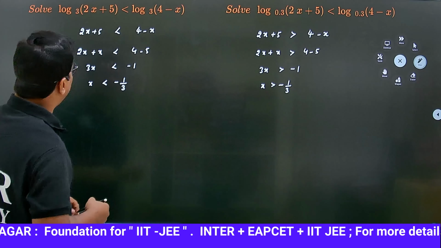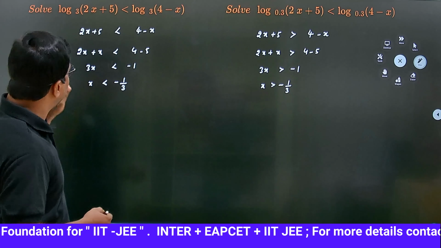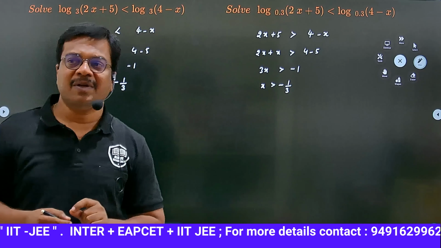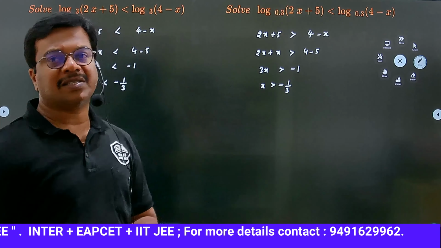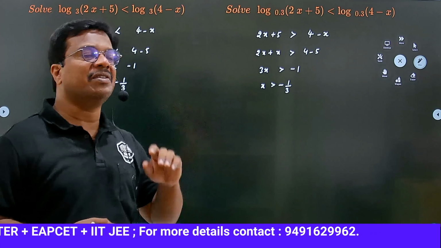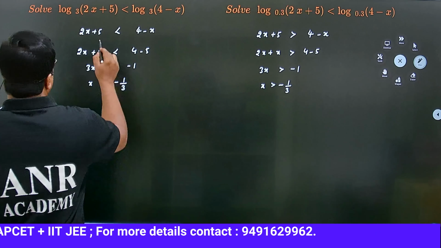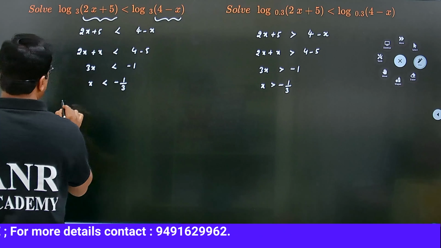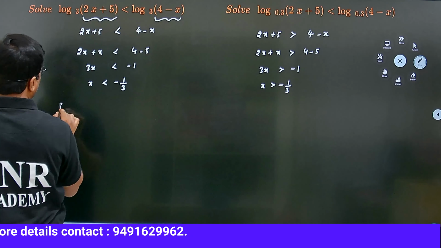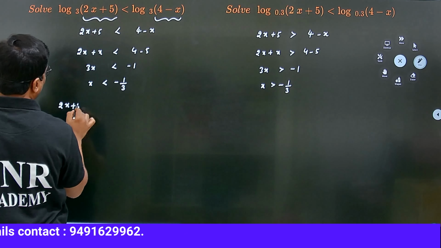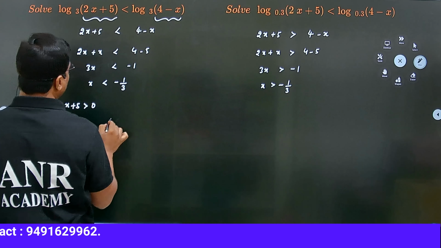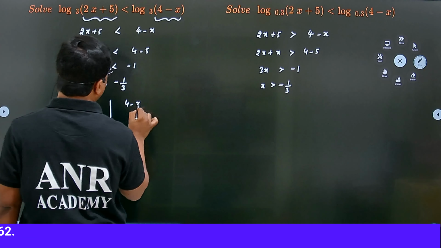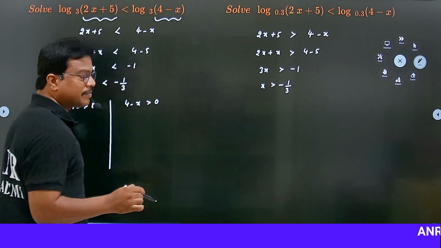And also you have to remember the basic definition of logarithm. For what values of x it is defined, that you have to verify first. Observe here, there are two conditions. The first one is defined only when 2x plus 5 is more than 0, and the second one, 4 minus x, is more than 0.